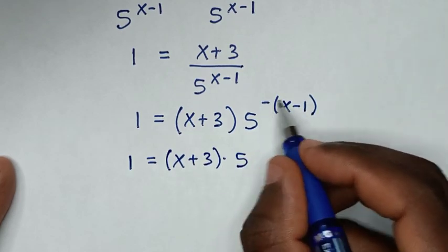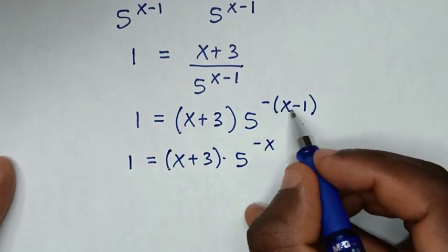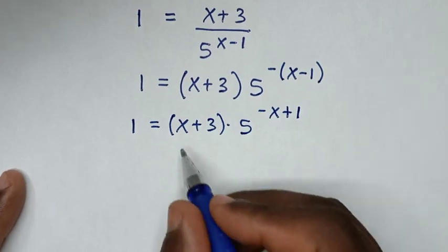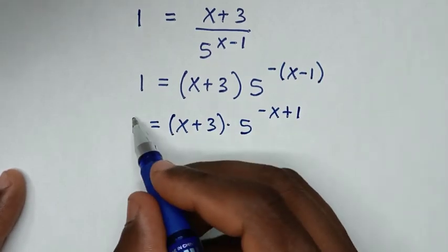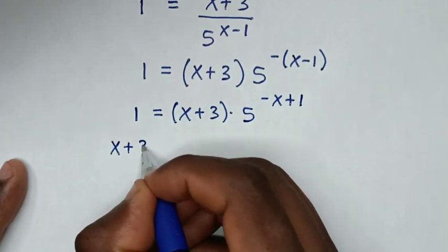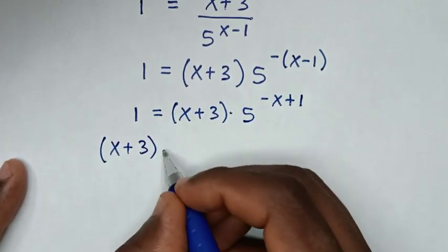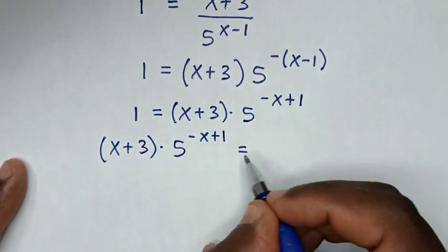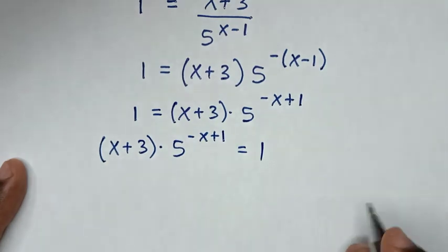We open the bracket to get negative x, and negative and negative gives positive 1. Then in the next step we take this into the left side and this 1 into the right side, so it will be (x + 3) times 5^(−x+1) = 1.